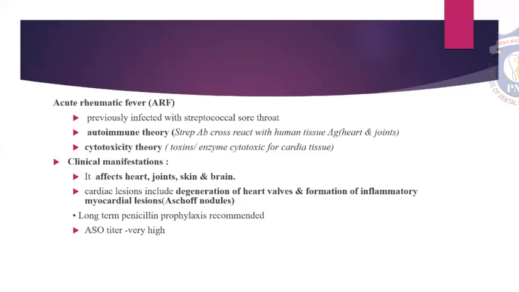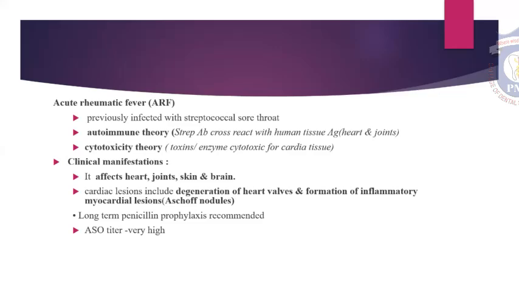There are two theories which explain this, the autoimmune theory and the cytotoxic theory. Under the autoimmune theory, the streptococcal antibody cross-reacts with human tissue antigen in heart and joints. In the cytotoxic theory, toxins or enzymes produced by the bacteria cause cytotoxicity for cardiac tissue.